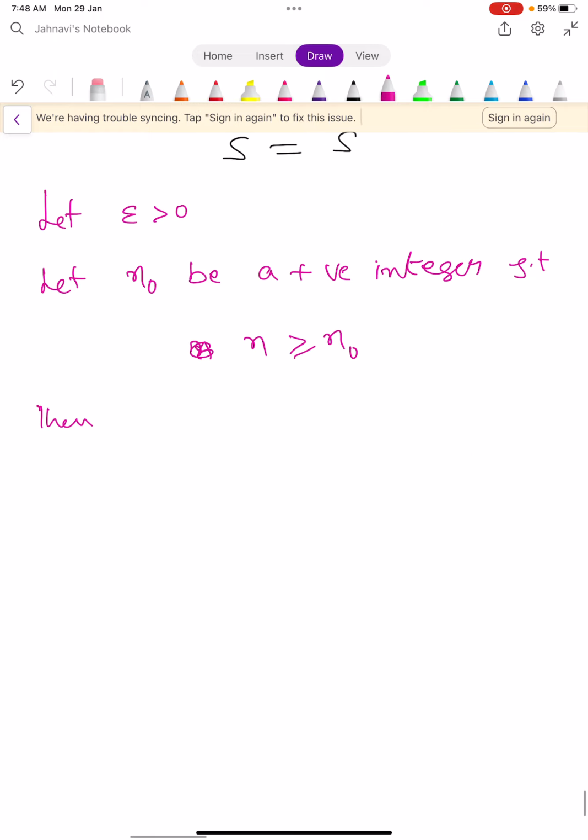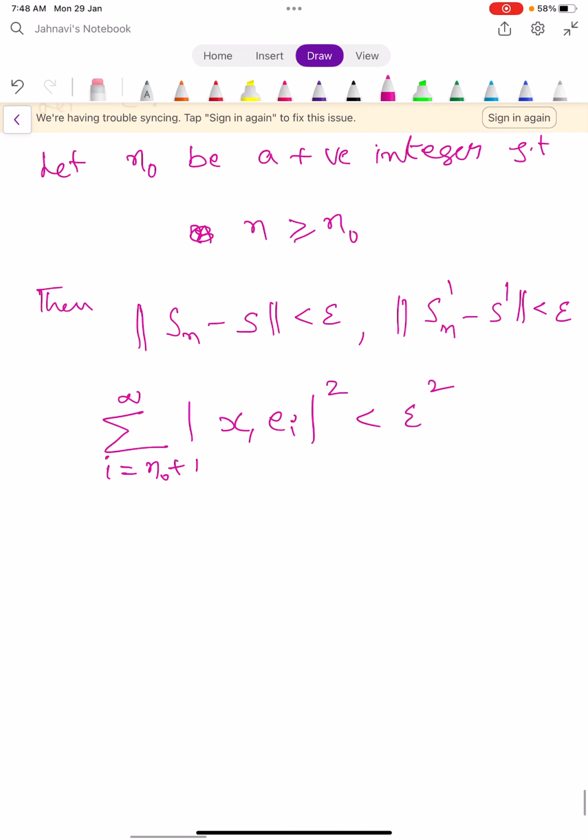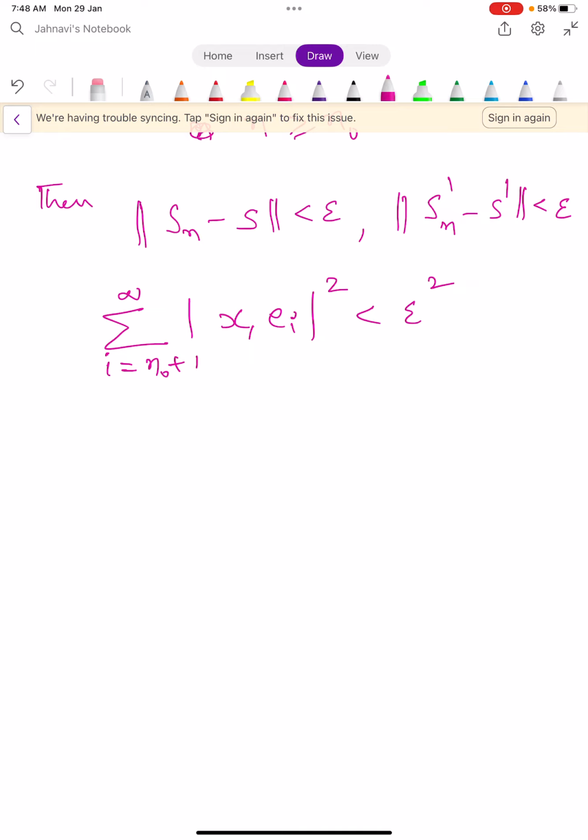Then obviously we have norm Sn minus s is less than epsilon, as well as norm Sn dash minus s dash is also less than epsilon. So the summation over i equals n naught plus 1 to infinity of mod x comma ei whole square is less than epsilon square.